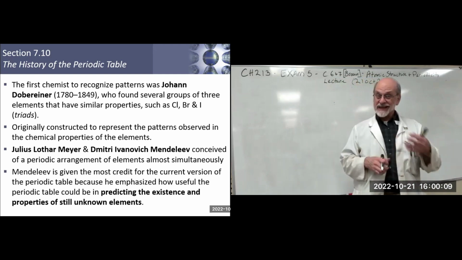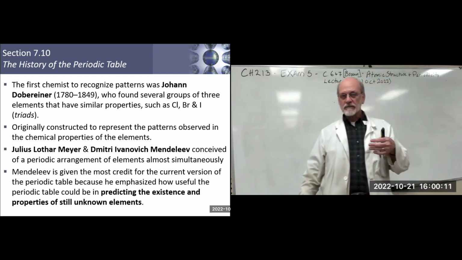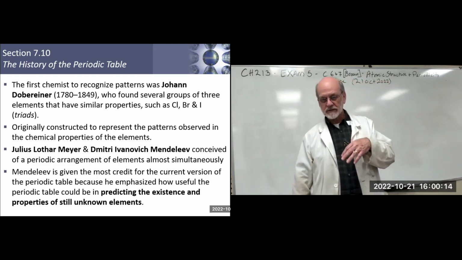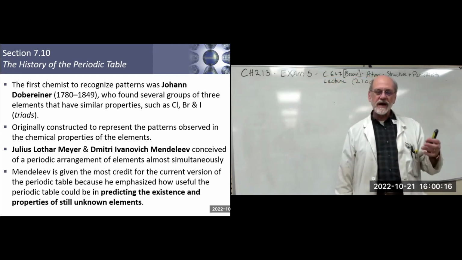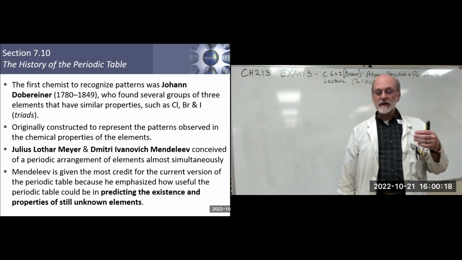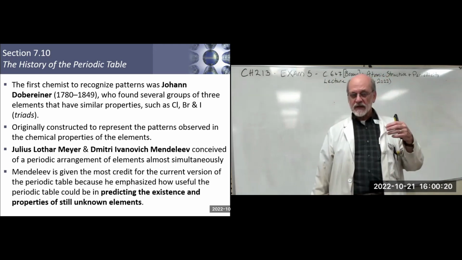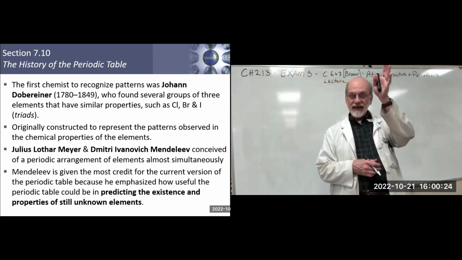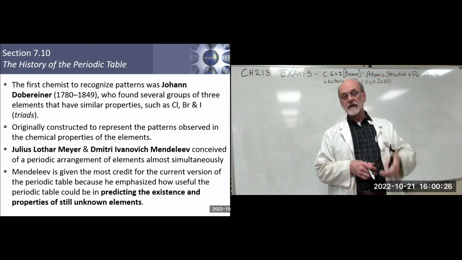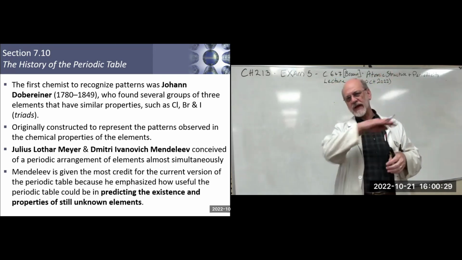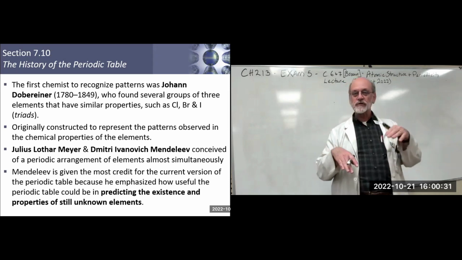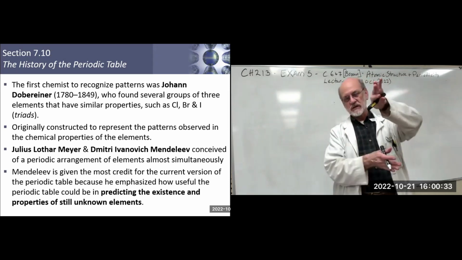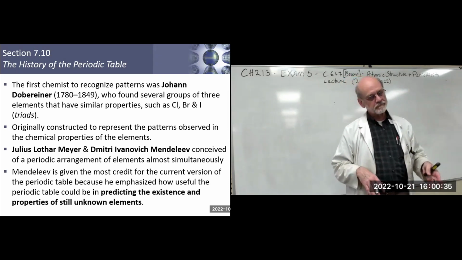So it was later that a German and a Russian, Julius Lothar Meyer and Dmitry Mendeleev, noticed that elements could be grouped in families, right? Actually, Mendeleev put the families horizontally at first in his first publication. In the second publication, he rotated them because it worked better.